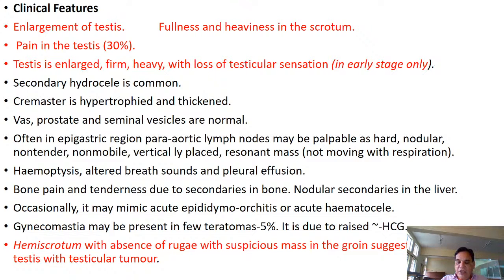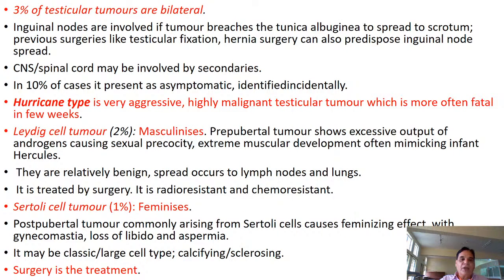So any mass in the groin with an absent hemiscrotum is in favor of carcinoma of the testis. This you must remember. Unfortunately, 3% of testicular tumors can be bilateral.